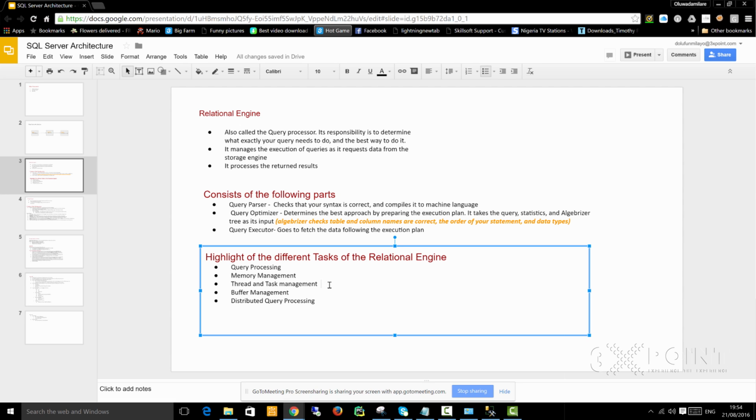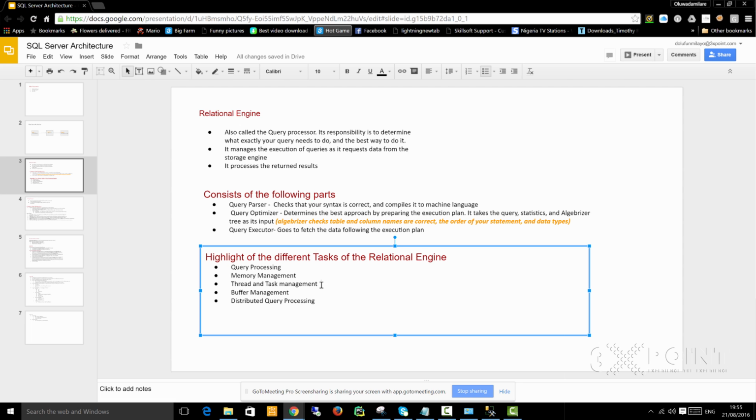Oracle is all code and has to run on the command line, even though yes, you have the cloud control and client tools like SQL Developer. But what SQL Server is doing with Management Studio, you cannot compare with what you can get with Oracle. I think it's one of the reasons why people are now beginning to shift their attention, and there are a lot of jobs now happening on the SQL Server side.